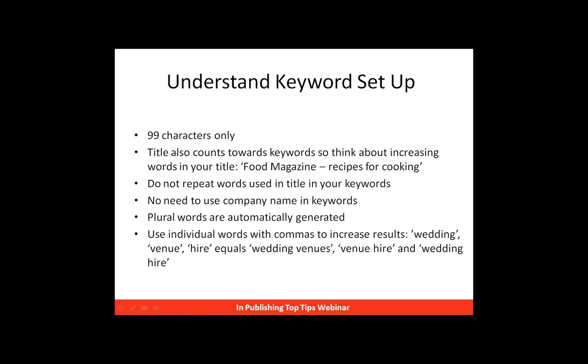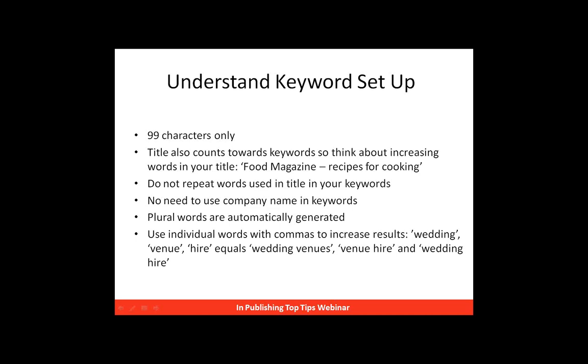So food, magazine, recipe, cooking all count in the title, and therefore you're gaining nothing by using up your 99 characters by repeating those. There's no need to use your company name. That happens automatically. Plural words are automatically generated, so there's no need to go recipe or recipes. Recipe will do. That will save you the number of characters that you're using.